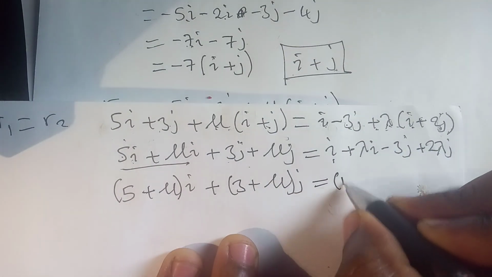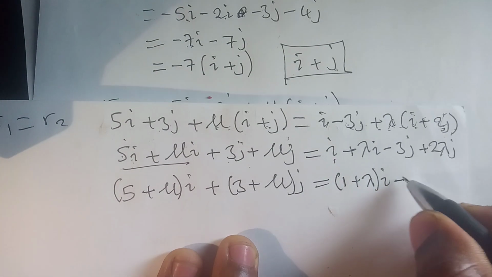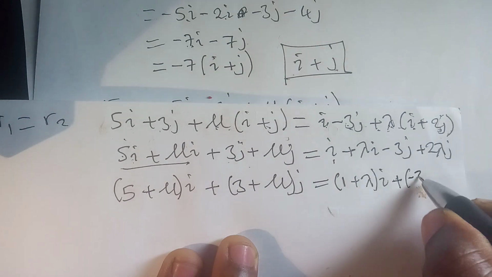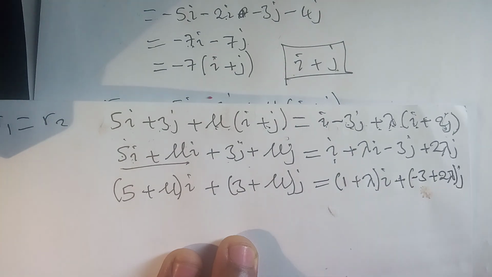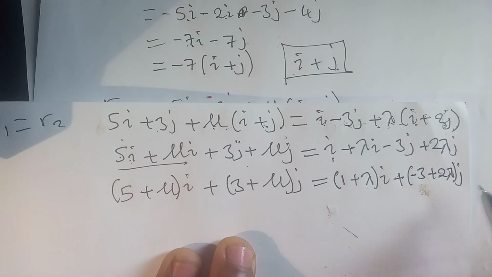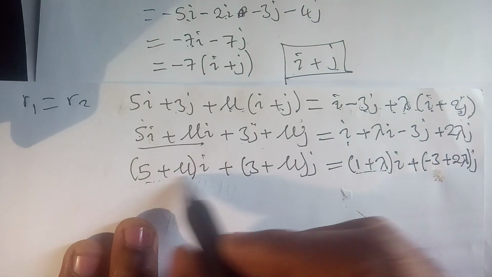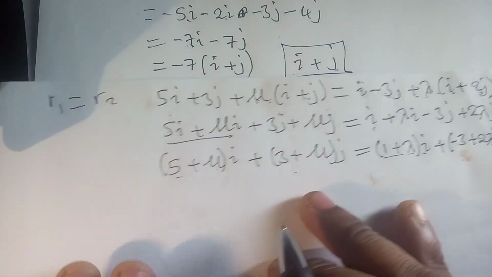Then this one will be 1 plus lambda I, and then this one I'll write as negative 3 plus 2 lambda, and then j. So now to find the values of lambda and mu, all you need to do is equate the coefficients of i's and the coefficients of j.